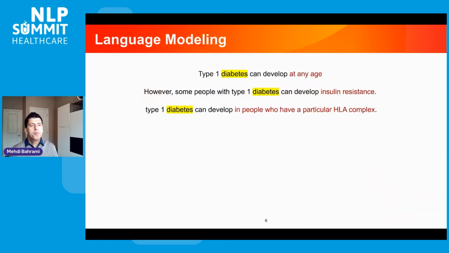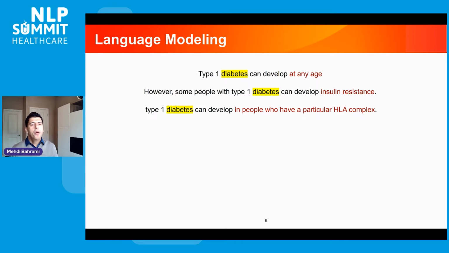In more detail, we're going to look at the context. For example, the multiple rows show different texts, and then we have diabetes. As you can see, type 1 diabetes develops at any age, insulin resistance, as well as in people who have a particular HLA complex.